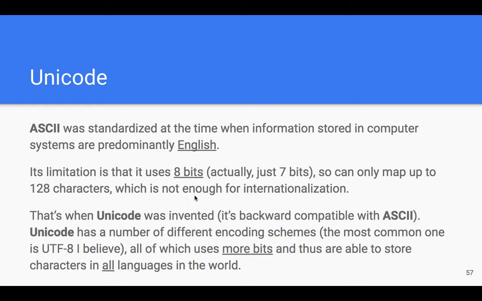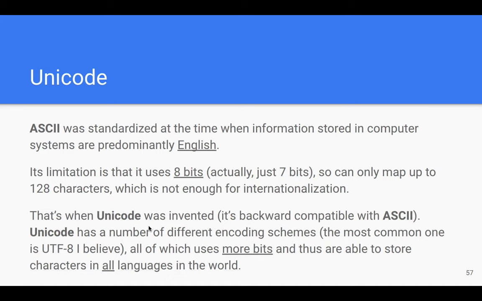That was enough for English, but if you go to other languages, especially the Far Eastern languages such as Chinese, Japanese, and Korean, they have many, many more characters, and 8 bits is simply not enough. So at some point, it was recognized that ASCII is just not enough.